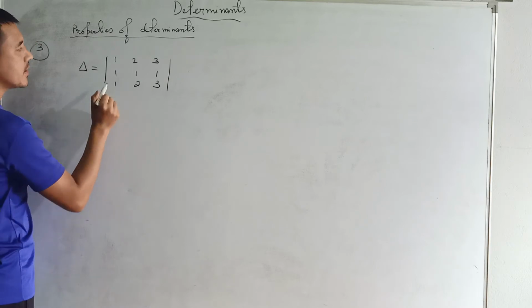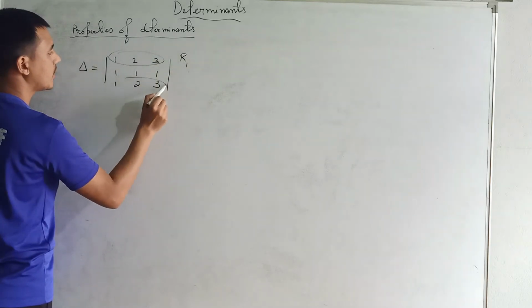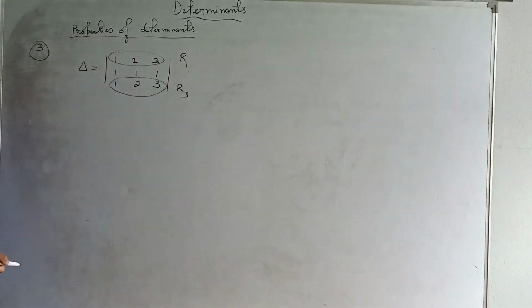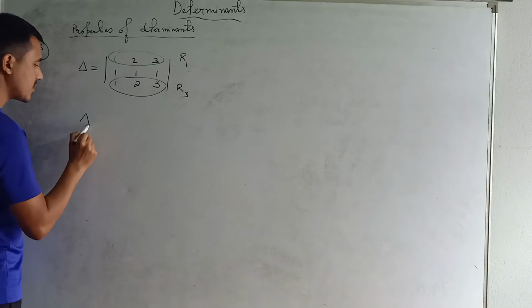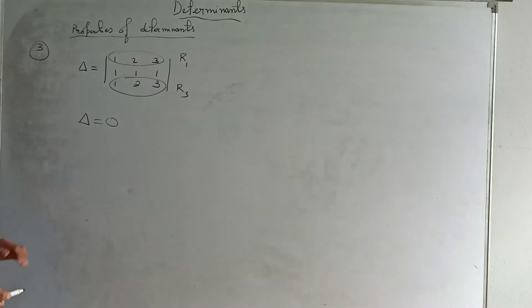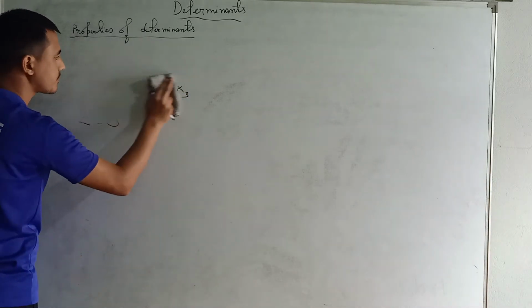This is your third property, right? Here in this determinant, we see that the first row, row 1, and the third row, row 3, are identical. All the corresponding elements are equal. In that case, your determinant is 0. Or if any two columns are identical, then your determinant will also be equal to 0. Are you following that? Okay. So that's the third property.